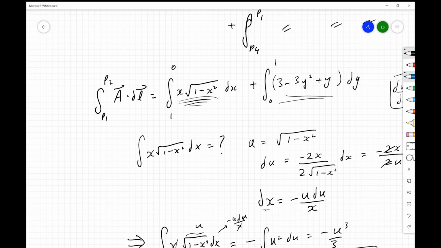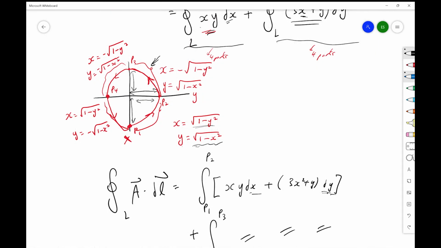So here in this third interval, x is going from where to where? X is going from minus 1 to 0. Y is going from 0 to minus 1, right? However, here when we substitute, y has a negative sign in front of it.